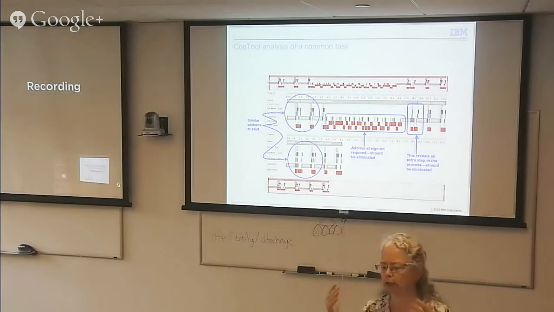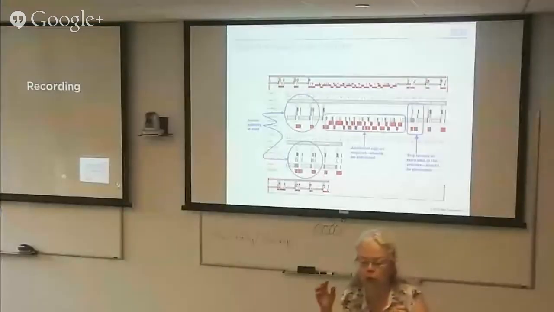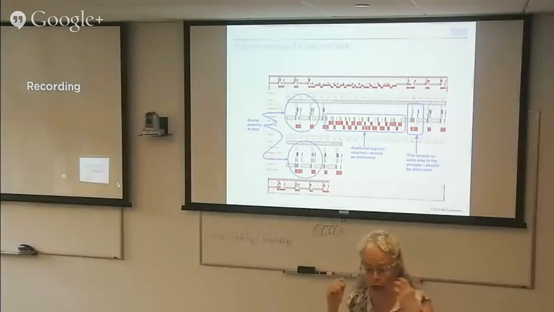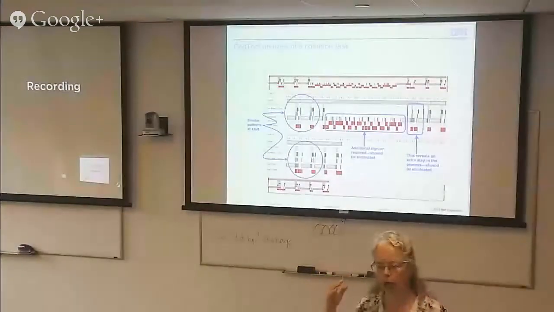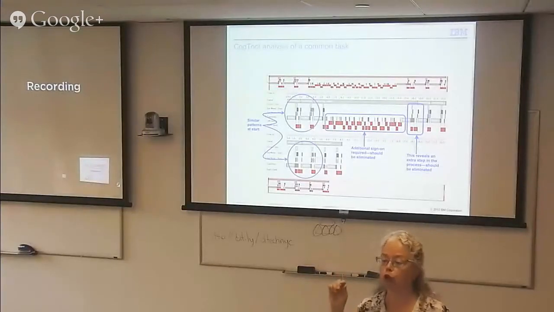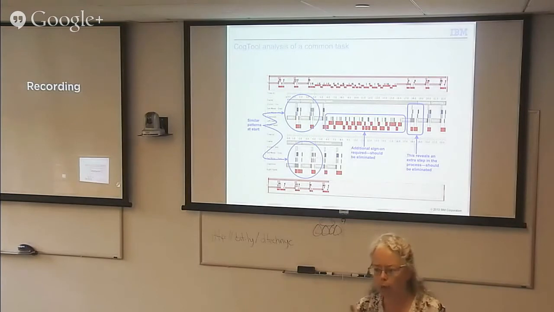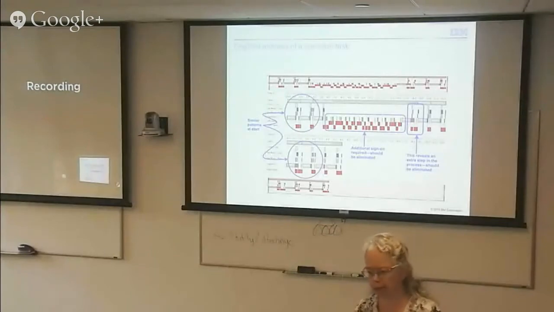So for instance, when I was working with Boeing, the pilot task, they do a lot of information gathering, and they're not doing a lot of button pressing. But the way CogTool works is you can have a look-at operator for when the only purpose for looking at something is to get the information and make a decision about it, not just because I have to look at it to touch it.